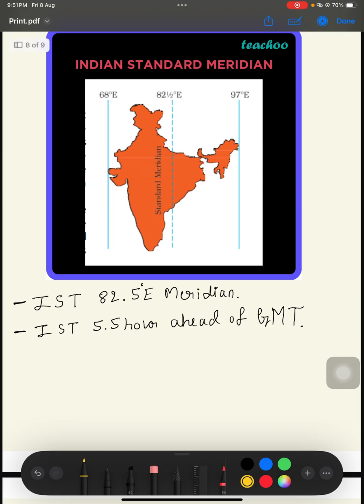At last, Indian Standard Meridian, or Indian Standard Time. I told you about degrees, right? Degrees, latitudinal lines and longitudinal lines. Which lines are these?